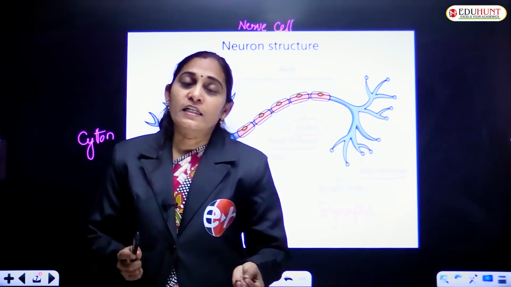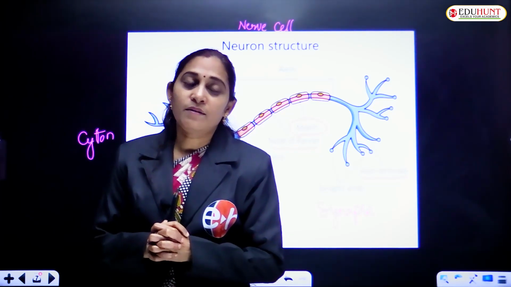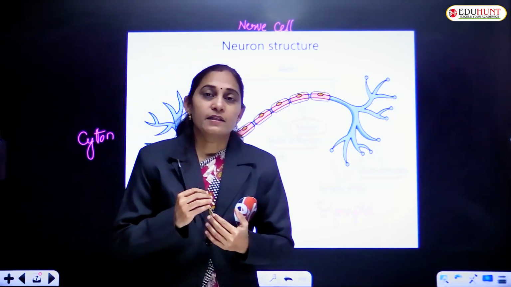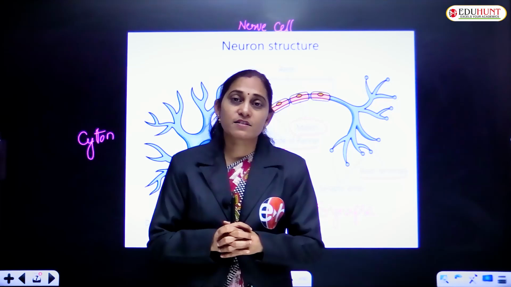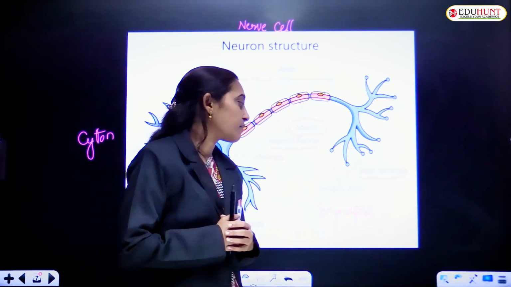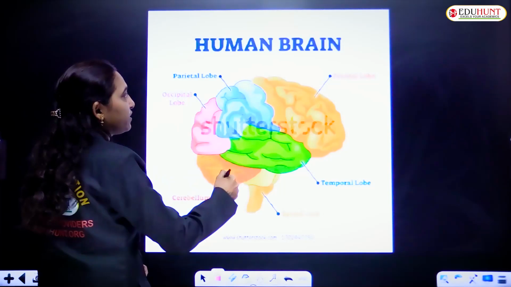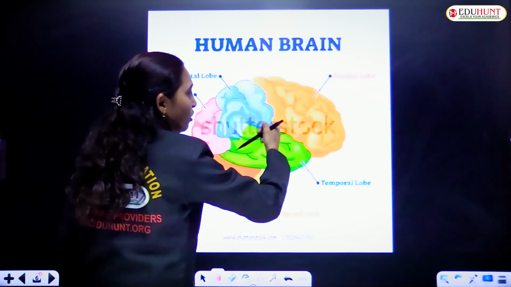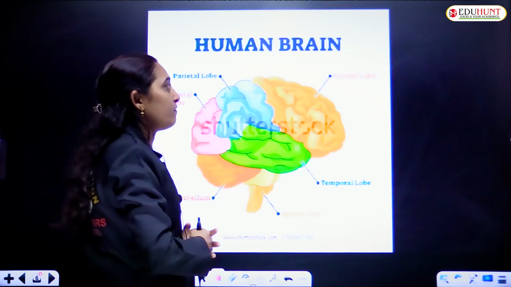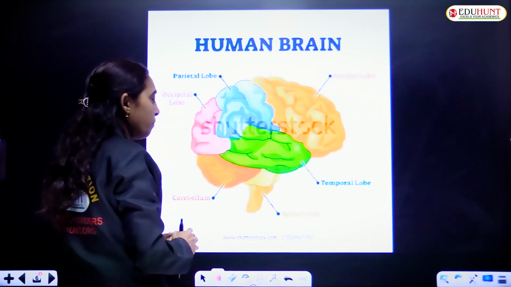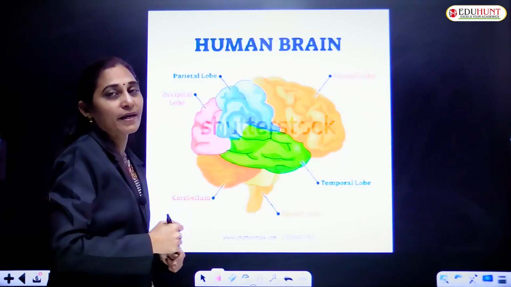And in the nervous system, there is the brain, present in the cranium, the brain box, which has several regions. It is differentiated into several lobes like the frontal lobe, temporal lobe, cerebellum, occipital lobe, and parietal lobe.